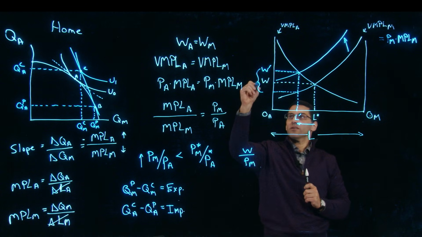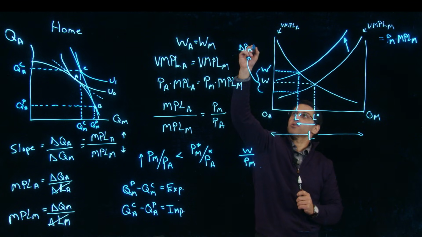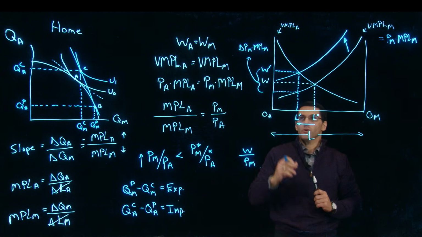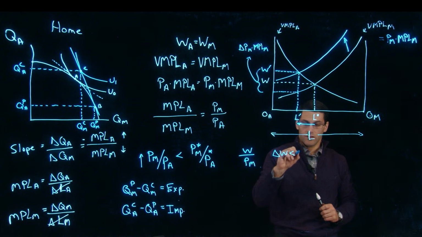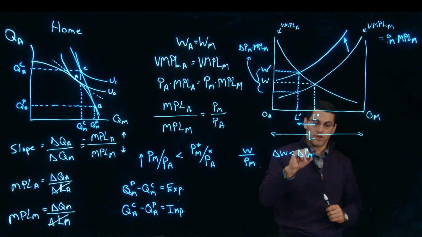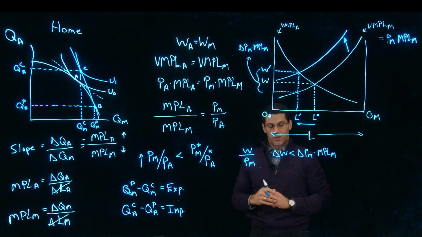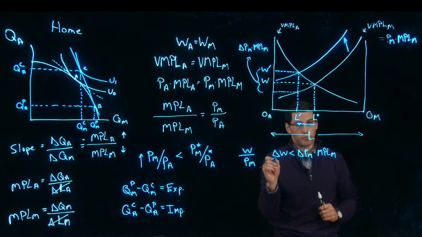Well, that was the change in the price of manufactured goods times the marginal product of labor in manufacturing. That's that difference. So if we look at that, what are we saying? We're saying that the change in the wage was less than the change in the price of manufactured goods times the marginal product of labor in manufacturing. Well, let's divide both sides through by W to put this in percentage terms. So if I divide the left-hand side by W, that's now the percentage change in the wage.